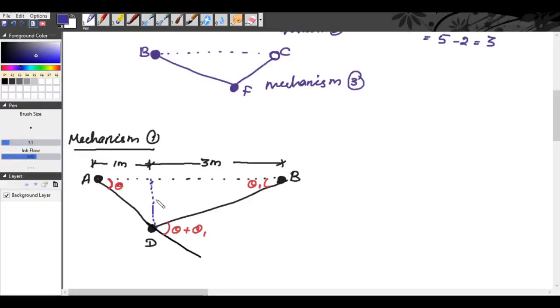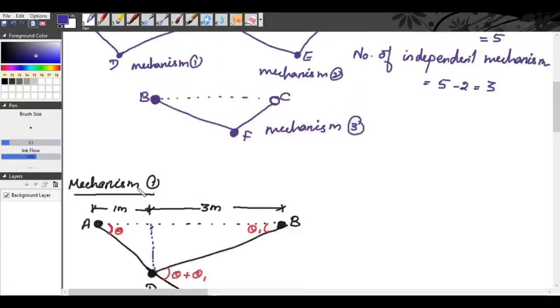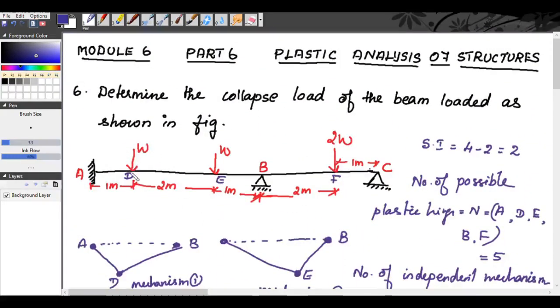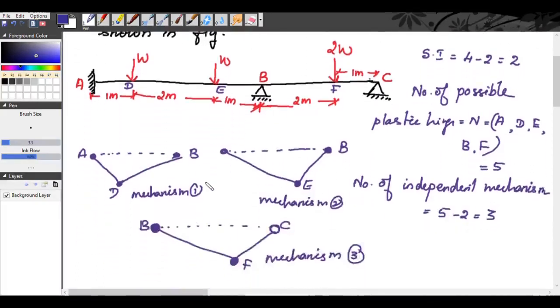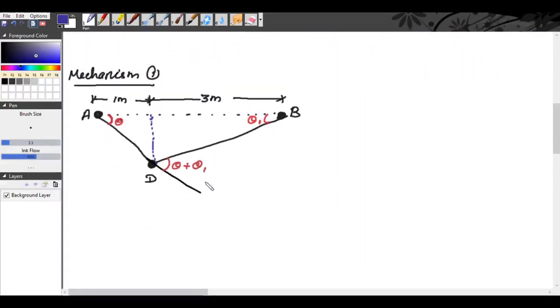Right? So before that, see what the loads acting in the span AB are. You have W at D and W at E, so we have concentrated loads. There is a concentrated load of W at D and another concentrated load of W at E. Right? So see how much this distance is. This distance is nothing but 1 into theta, because tan theta is equal to the opposite side.